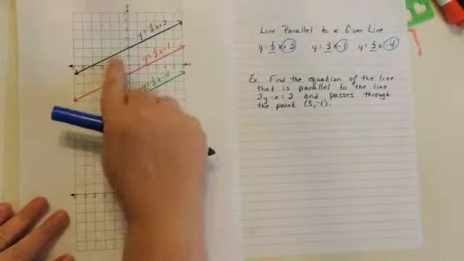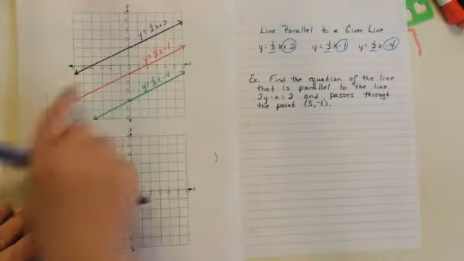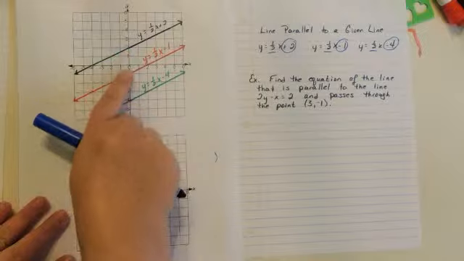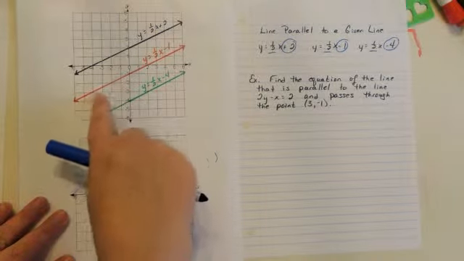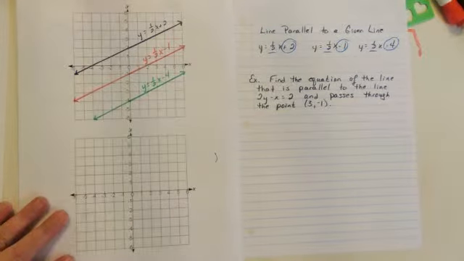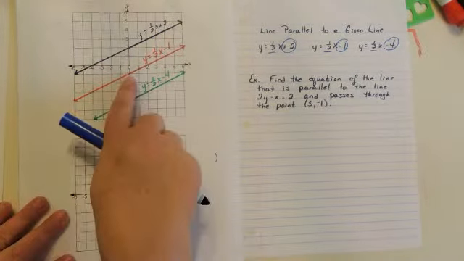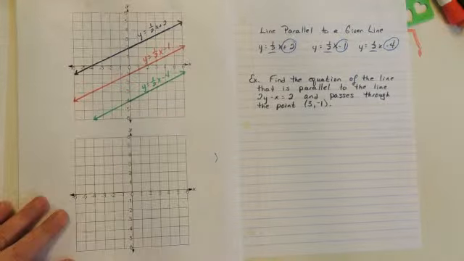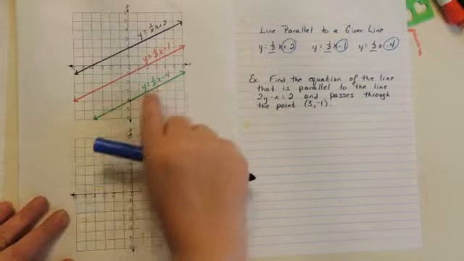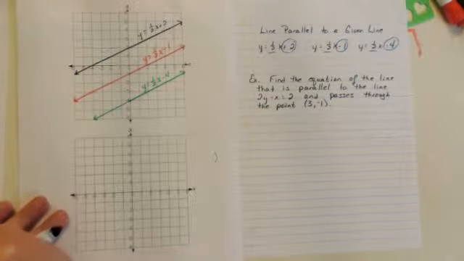This is y equals 1/2 x plus 2. And you see the intercept is at x equals 0 and y equals 2. This is y equals 1/2 x minus 1. And you see the intercept is at x equals 0 and y equals -1. Here is y equals 1/2 x minus 4.